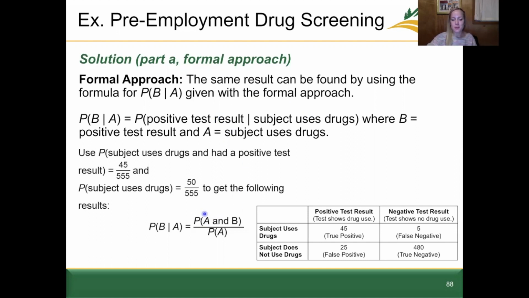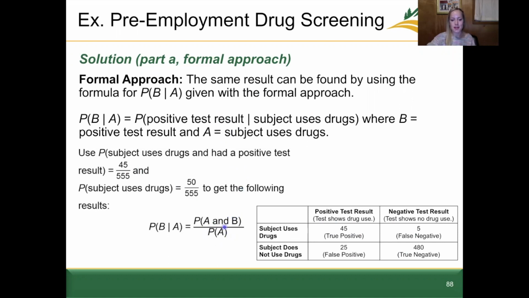That means for the numerator here, the subjects that used drugs and they got a positive test result means we're only going to count 45 of those subjects. We need to take 45 and divide it by the total number of subjects, so that's 555. That's our numerator here.